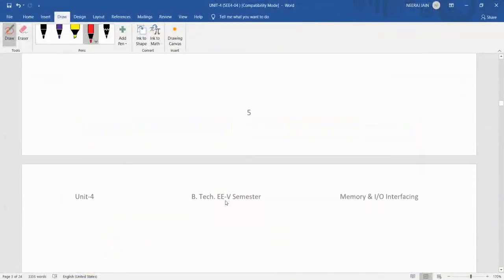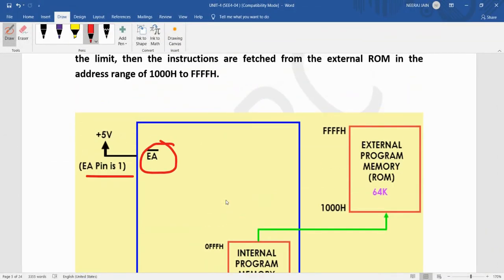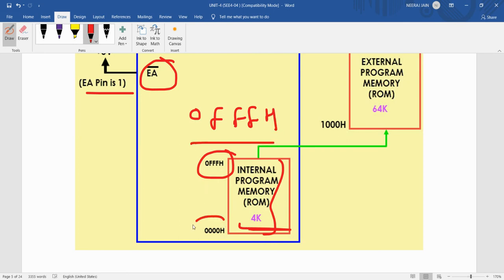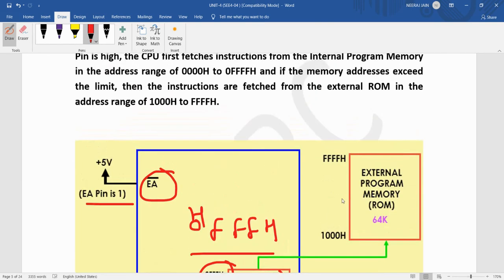Here the address is divided into two parts. First, for the internal 4K ROM, 0FFFH is the maximum address, and it starts from 000H, that is the minimum address.